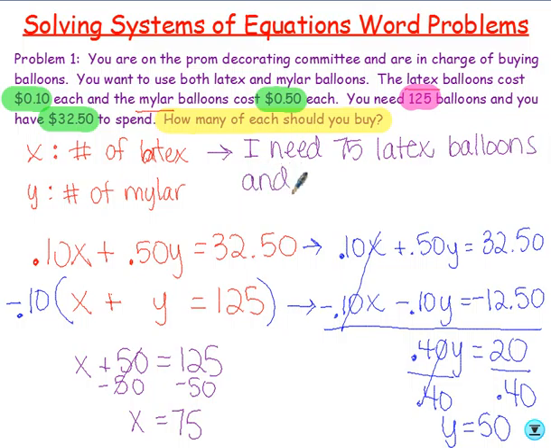And Y was Mylar, so that's 50, and 50 Mylar balloons. And yes, you are expected to write one sentence that contains your answers. So, that being said, we've gotten through example 1. Let's look at example 2 together.